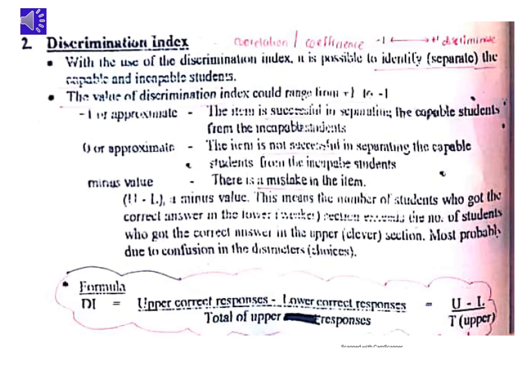0 or approximate, 0 or 0.1 or minus 0.1, then the item is not successful in separating the capable students from the incapable. When you get 0 or closer to 0, you can say the item is not successful.